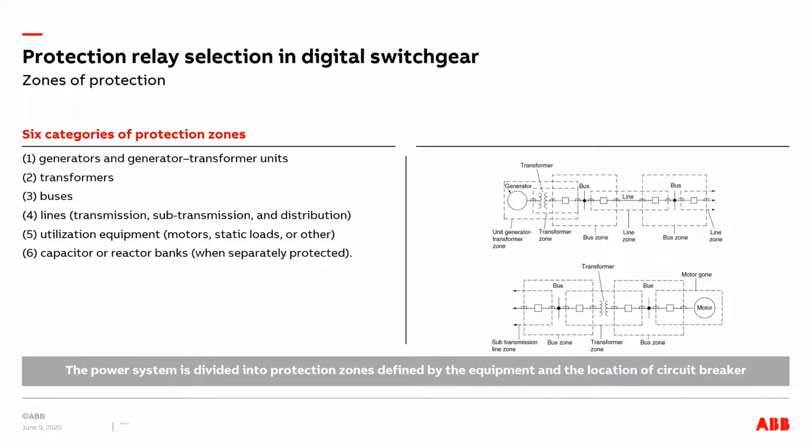So we need to protect that part. And also the zones are categorized based on the utilization equipment. For example, motors. If there's a motor that's a load, that's an equipment to be protected. And also the other category is a capacitor or a reactor bank where separate protection is needed. So this is how the power system is broadly categorized.